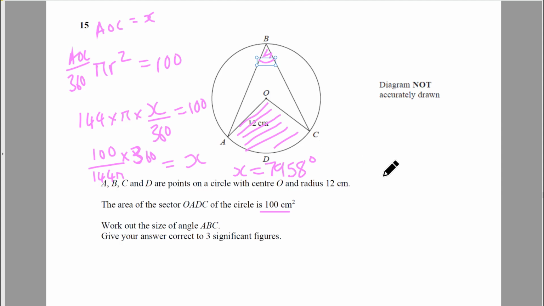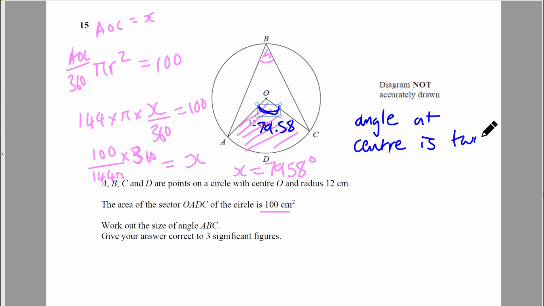Now, that's 79.58, and you should know the circle theorem that the angle at the centre is twice the angle at the circumference.